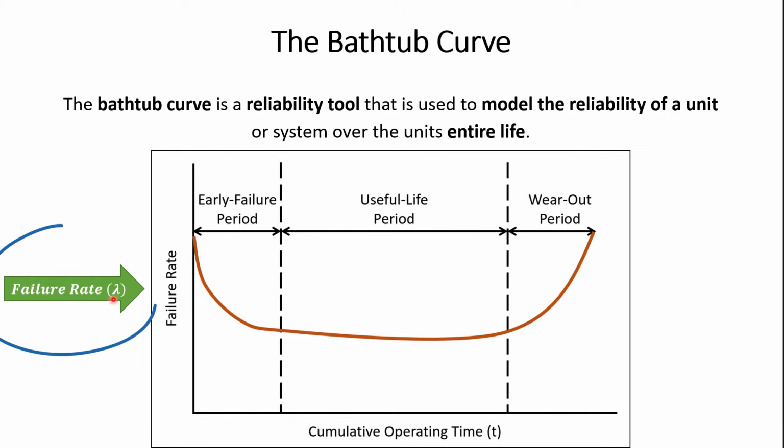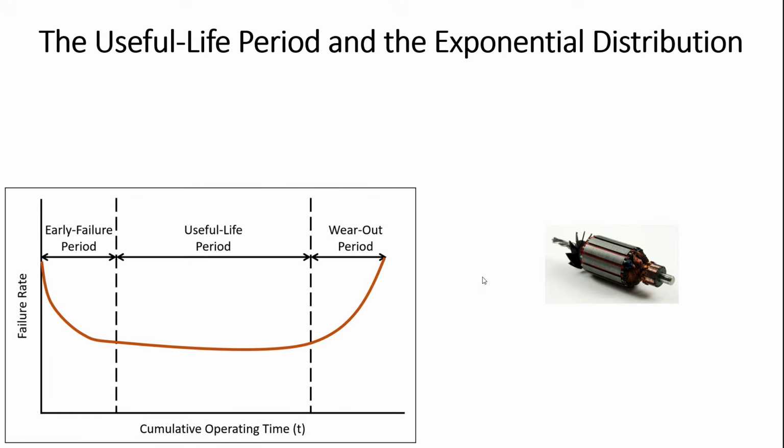And by the way, that's lambda, that reliability index of the failure rate. That's what we're modeling here, the failure rate lambda over time. So that's a key characteristic of the bathtub curve, that in the useful life period, the failure rate is constant. And when the failure rate is constant, we can use the exponential distribution to make reliability predictions for our products or for our equipment. So let's look at that now.